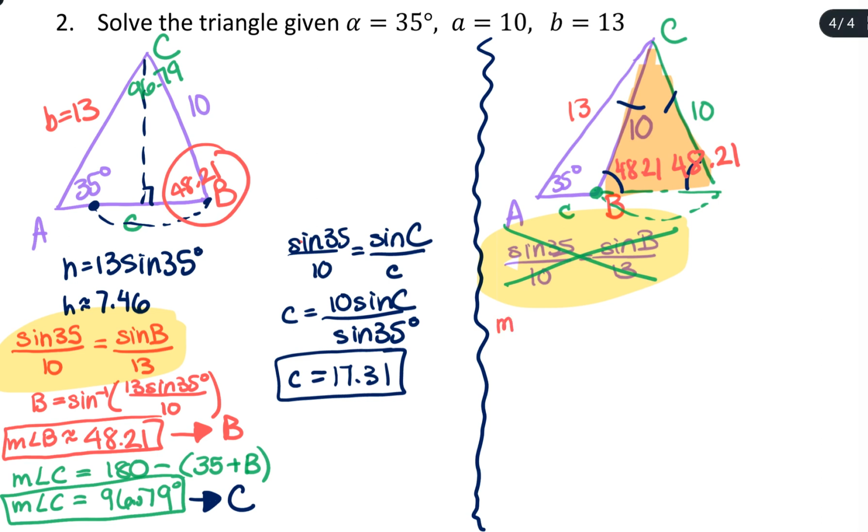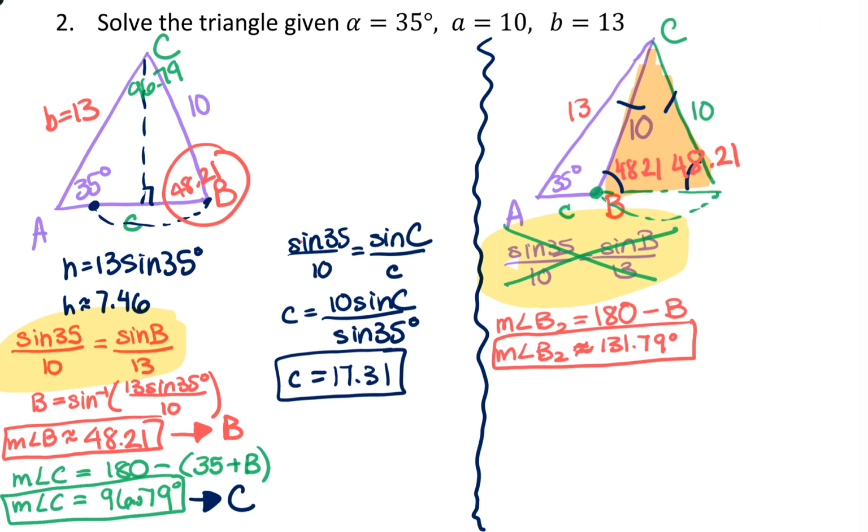The angle B that I want here, I'm going to call it B2, the measure of angle B2, is going to be the supplement of B from the first triangle. So I stored the B from the first triangle in my calculator as B, so I can simply write 180 minus capital B, and then I get that the measure of angle B2 is approximately 131.79 degrees.